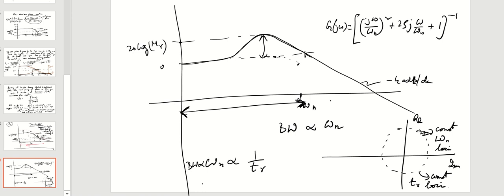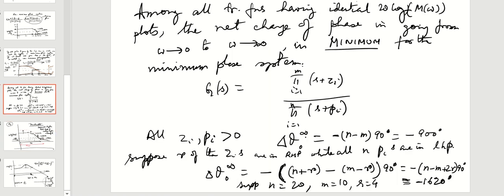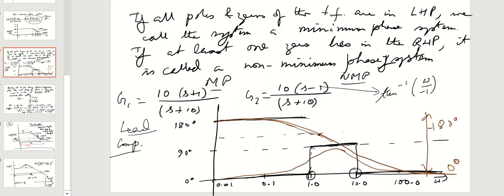So therefore, if you want to specify your speed of response in terms of rise time, it makes sense to have a larger bandwidth. And the way to have a larger bandwidth, as we've seen, is by pushing this upwards. The way to shift it upwards is to increase the value of the steady gain, this DC gain K. All right.